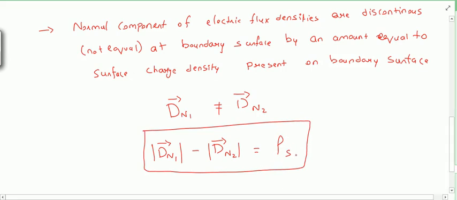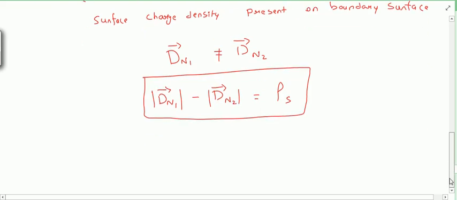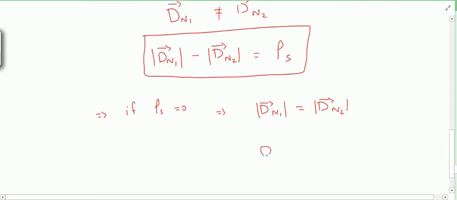Suppose rho s equals 0, that is, there is no surface charge density on the surface. Then the magnitude of Dn1 will equal the magnitude of Dn2, right? So in this case Dn1 equals Dn2.